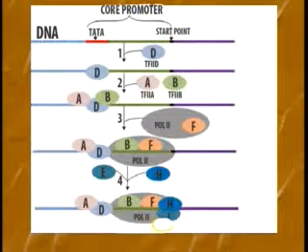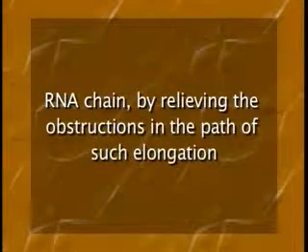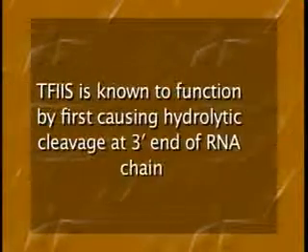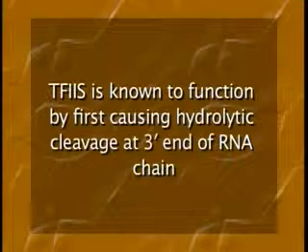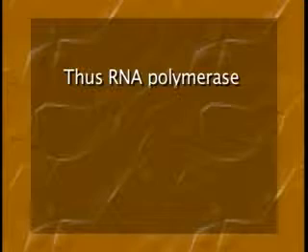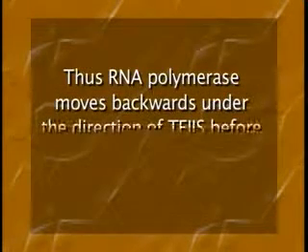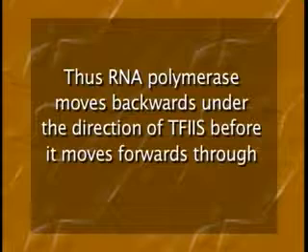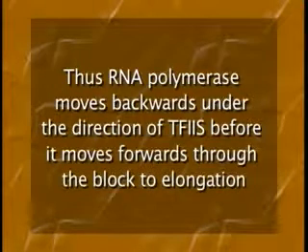Number two, transcription factor TFIIS helps elongation of the RNA chain by relieving obstructions in the path of elongation. TFIIS is known to function by first causing hydrolytic cleavage at the 3' end of RNA chains which are stuck and cannot elongate. Thus, RNA polymerase moves backwards under the direction of TFIIS before it moves forwards through the block to elongation.